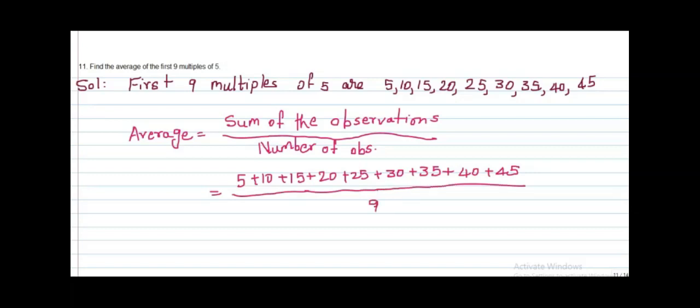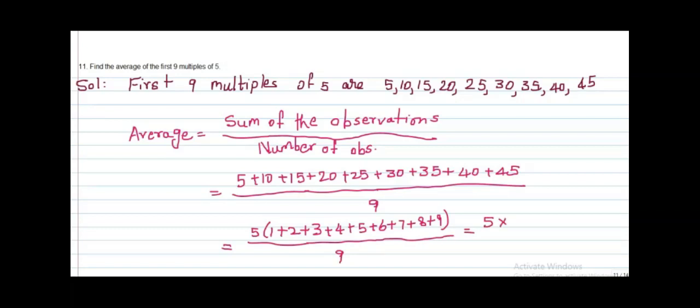Okay. Now we can add these numbers directly or use the distributive property, which is going to give you the result immediately. 5 into 1 plus 2 plus 3 plus 4 plus 5 plus 6 plus 7 plus 8 plus 9 whole divided by 9. Now the sum of the first 9 numbers is nothing but 9 into 10 by 2.